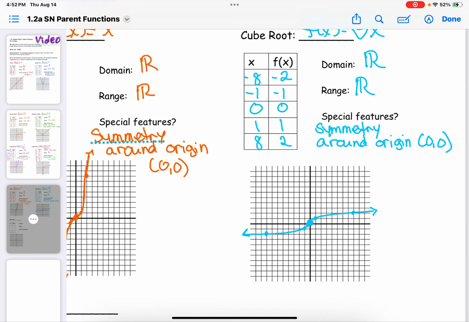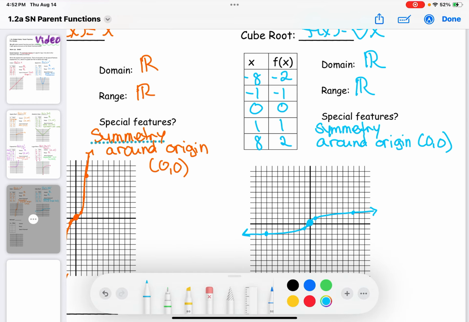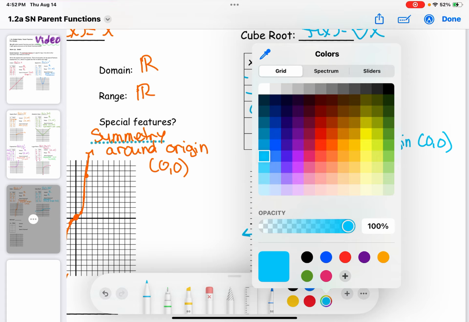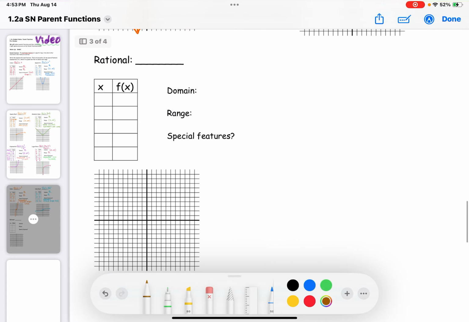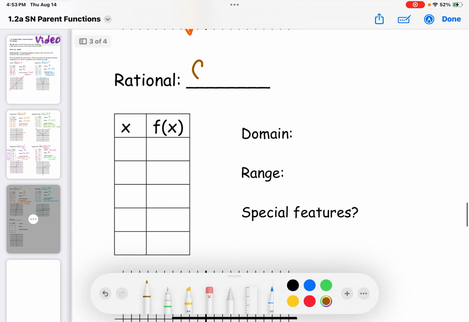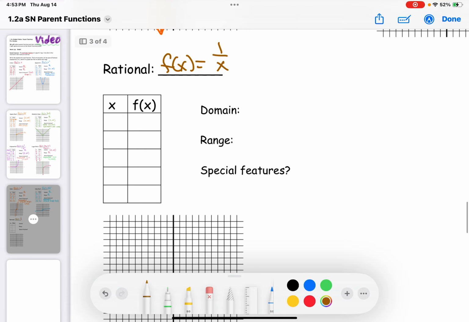Right, our last parent function is the rational function. This rational function's equation is f of x equals 1 over x. So if x is -4, 1 over x is -1/4.